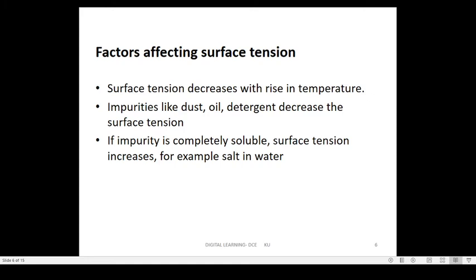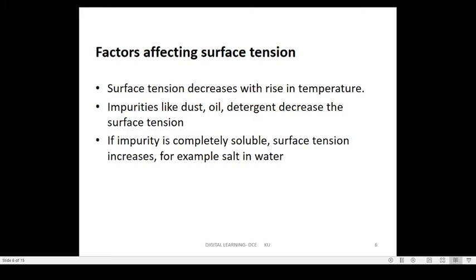Addition of impurities like dust, oil, detergent, etc. When impurities like dust, oil and detergents are added to the liquid, then again the surface tension of the liquid decreases.